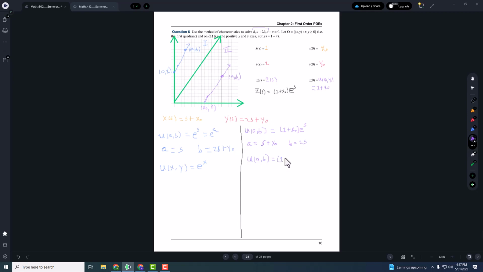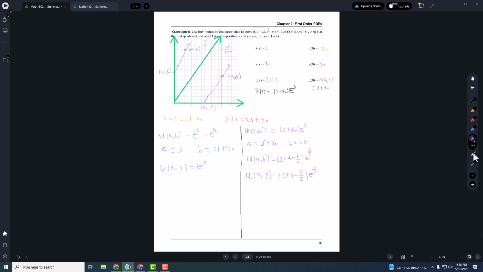So this is 1 plus a minus b over 2, and then e to the b over 2. And again, changing to x and y, u of x,y is equal to 1 plus x minus y over 2, times e to the y over 2.